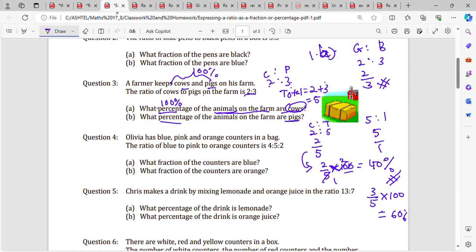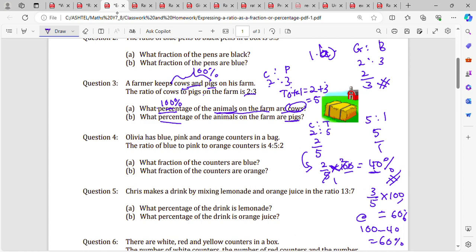If you know that the cows are already 40%, you can just do 100 minus 40 and get 60%. Why do we minus 40? Because 40 is already cows, so the rest would be pigs.